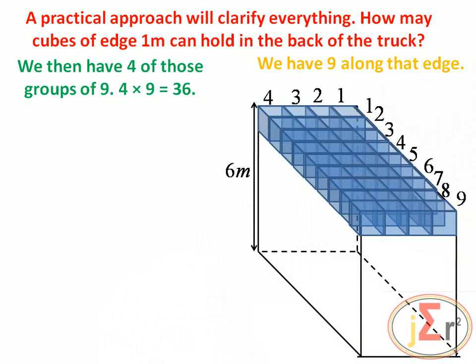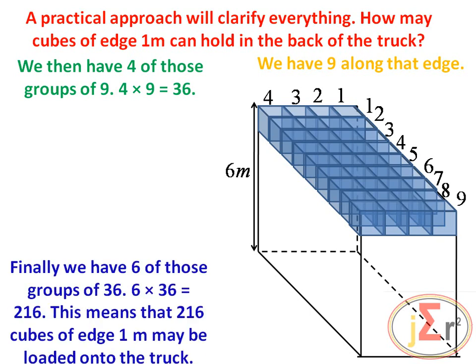We will not be caught off guard. We will not be caught with 1 foot on the ground, because the way that we constructed the back of this truck was by making use of those cubes of dimension 1 meter, or edge 1 meter. So we know the answer.